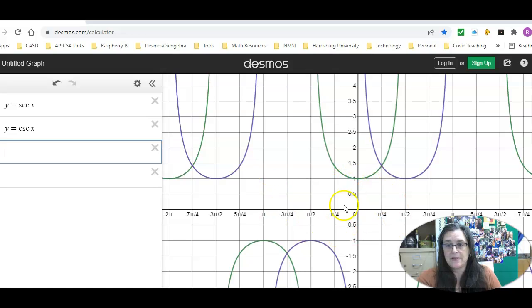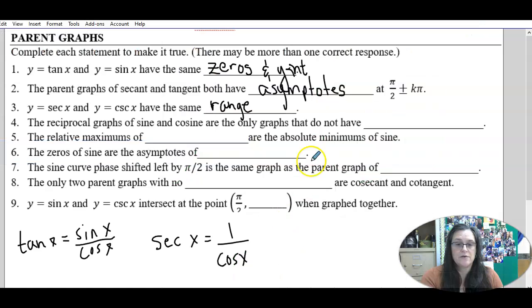This gap in the middle means they don't intersect with the x-axis, so they have no zeros.